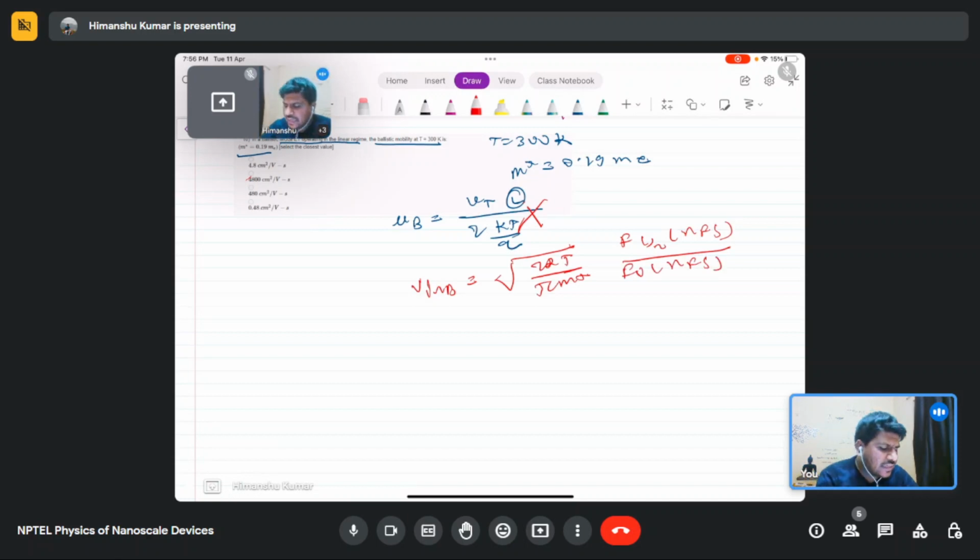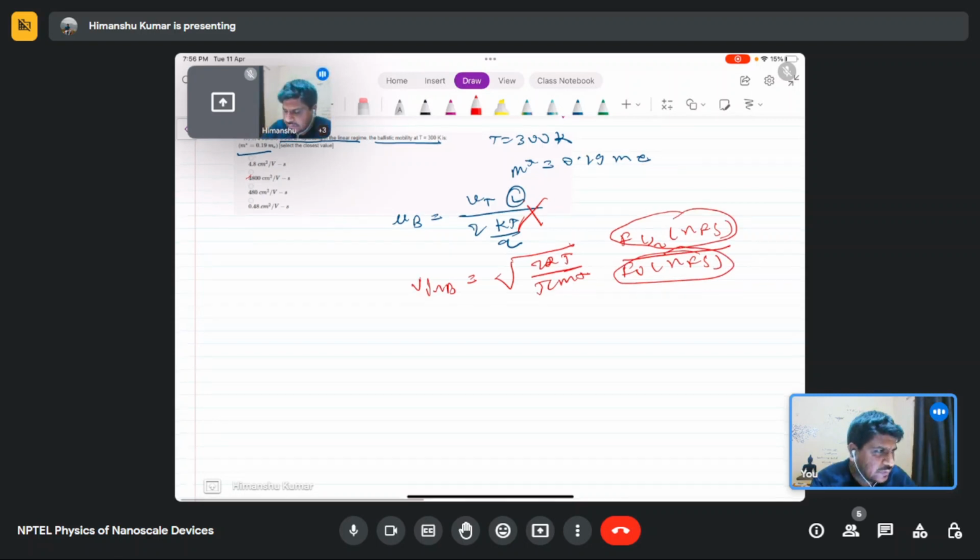In case of low bias, this f of half nfs and f of 0 nfs will cancel out, and you will remain with this only. With this we can find the velocity.